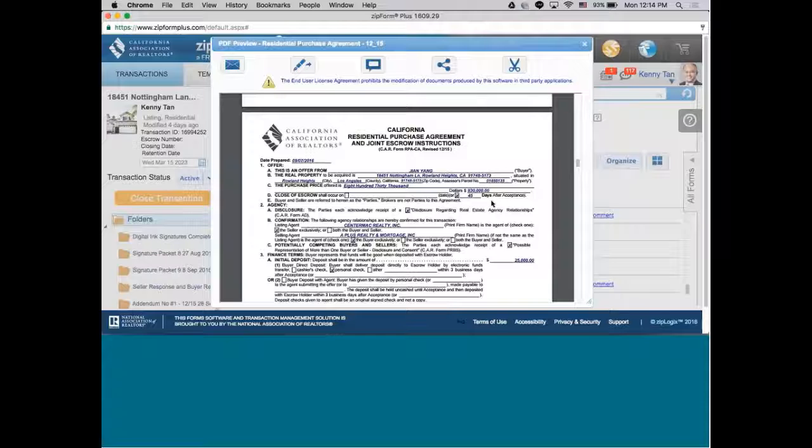But if it's a certain type of loan that might require more time, at least I'll be able to gauge for myself: is this a buyer's offer I want to recommend to my seller to accept? Because sometimes people try to use a lower number in order to get the offer accepted, and when they're in escrow, they wind up asking for more. Okay, so something for you to keep in mind.